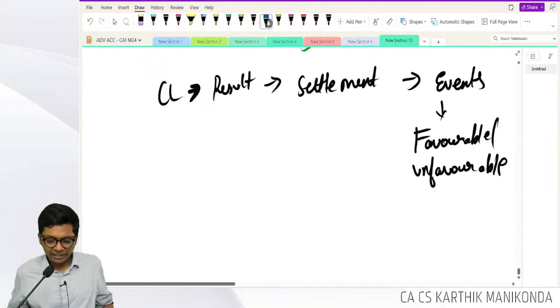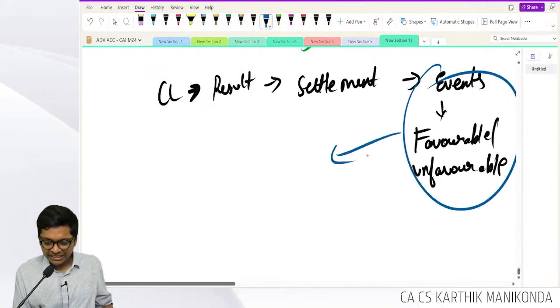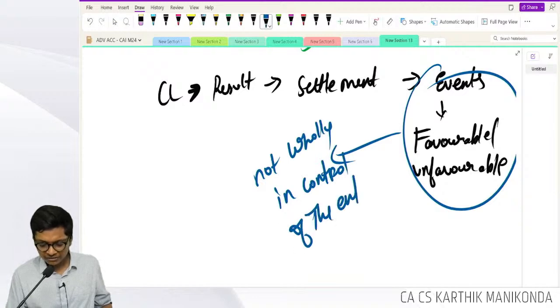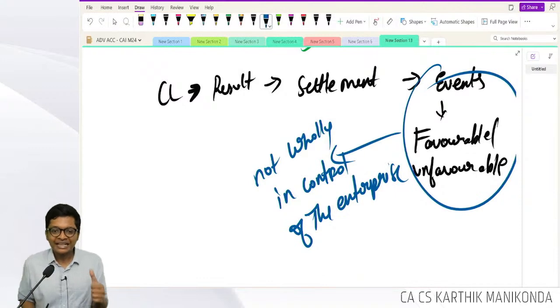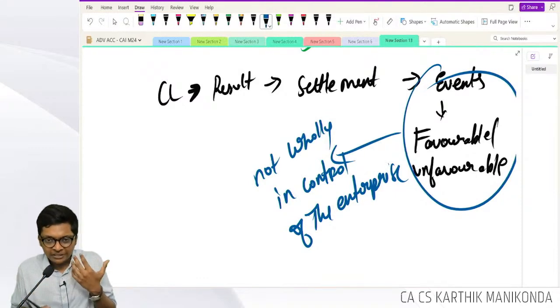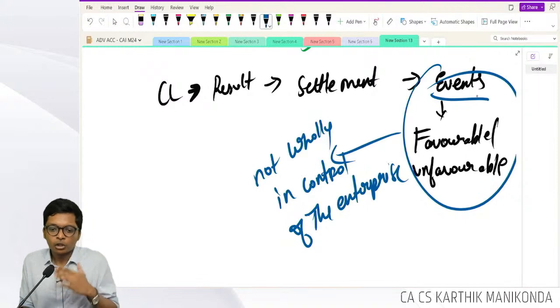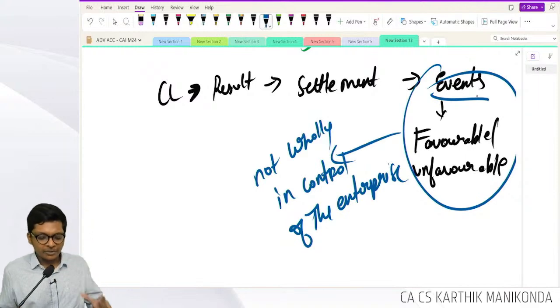However, follow guys, such an event is not wholly in control of the enterprise. Follow guys, contingent liability results to a settlement of some money, outflow of money because of some event that is favorable or unfavorable, not wholly in the control of the enterprise.